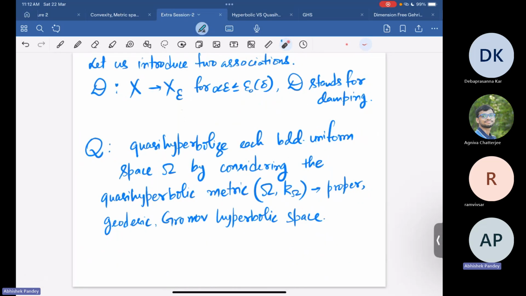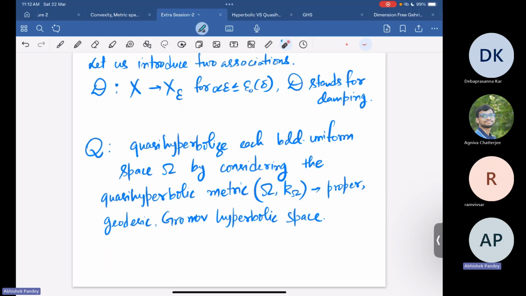Let us introduce two associations. We have X and we are deforming it into X epsilon. We denote this association by D, which stands for damping: X goes to X epsilon, for epsilon less than or equal to epsilon naught.